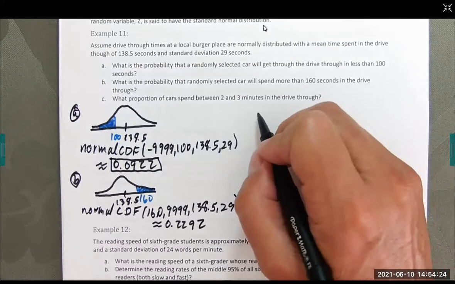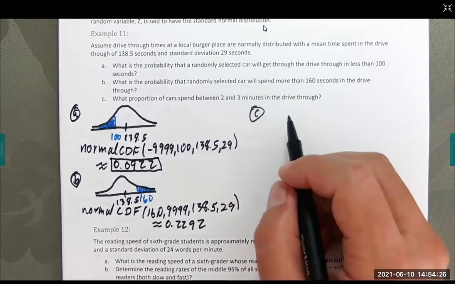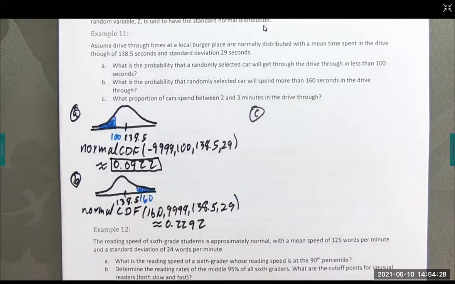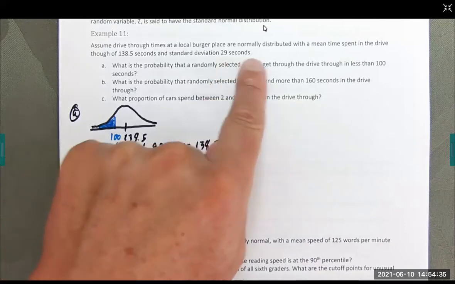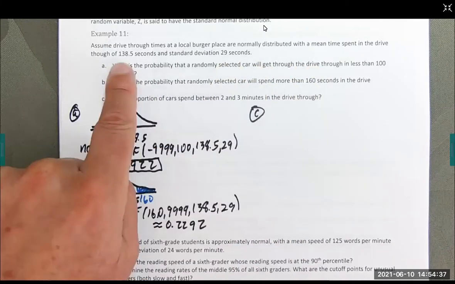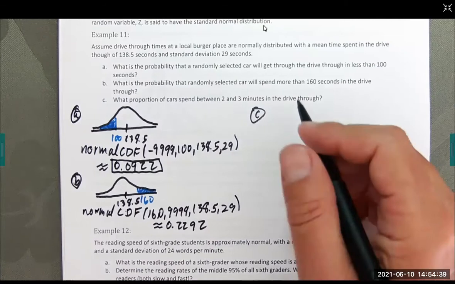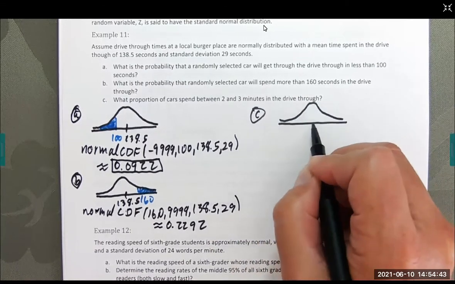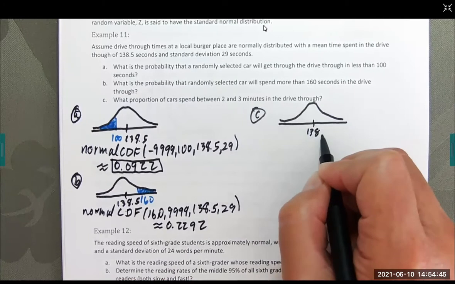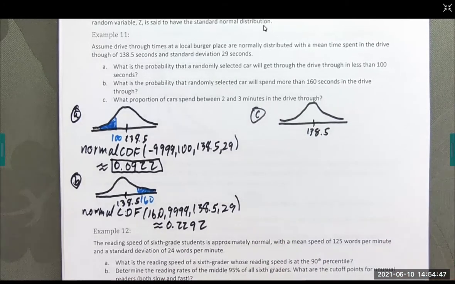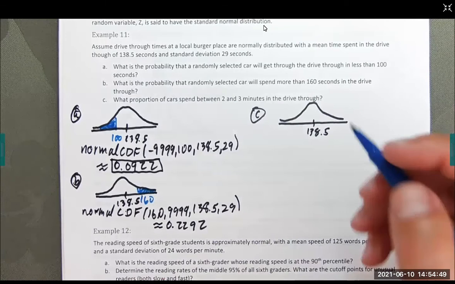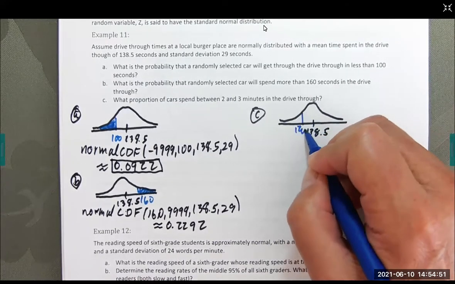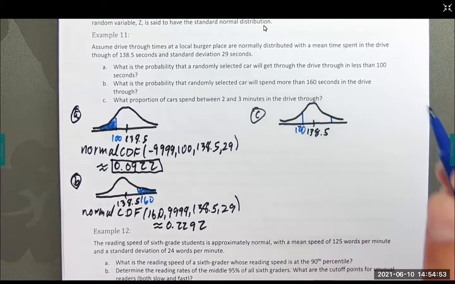Part C. The proportion of cars that spend between 2 and 3 minutes. Now I need to be extra careful here. Everything has been in seconds so far, including the mean and standard deviation. So 2 and 3 minutes means that I'm between 2 minutes, which is 120 seconds, and 180 seconds, which is 3 minutes.